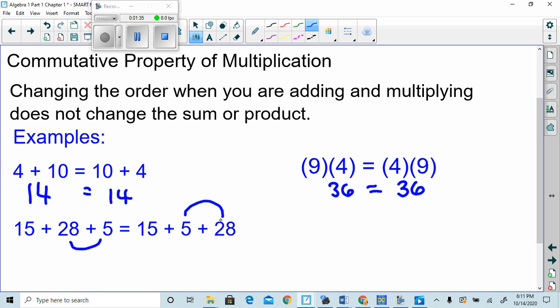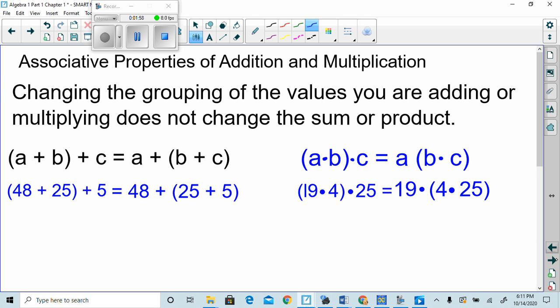And the reason why I did that is because it's easier to add 15 plus 5 and then add 20 more to get 48. So we use the properties to help us to do some mental math. We don't always state that we're using it, but by connecting those numbers together in a different order, we're using the commutative property.